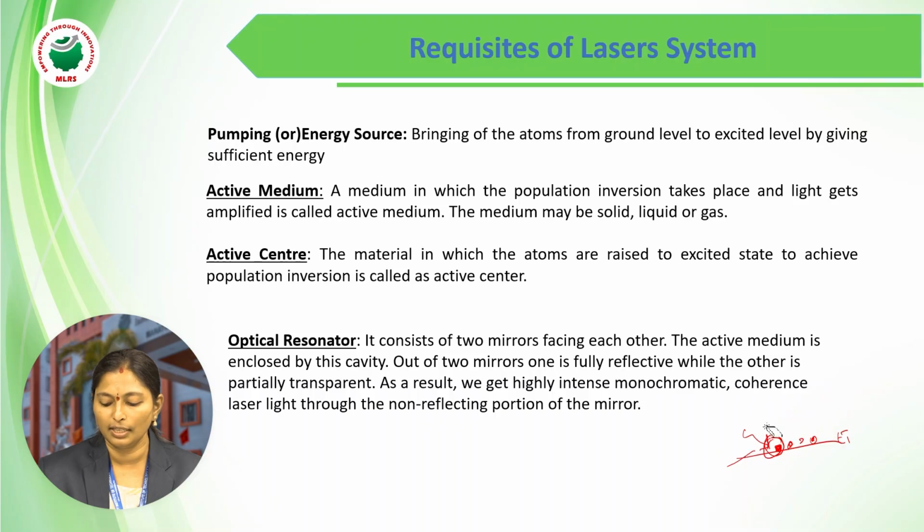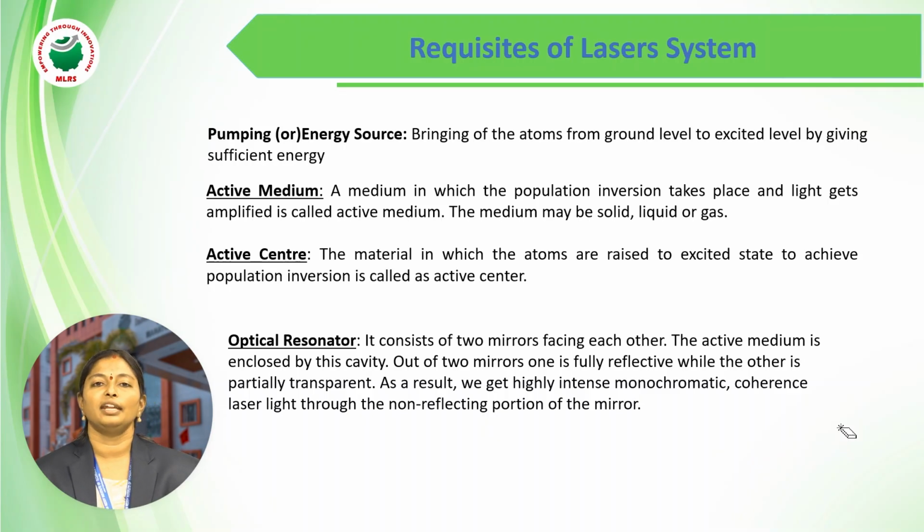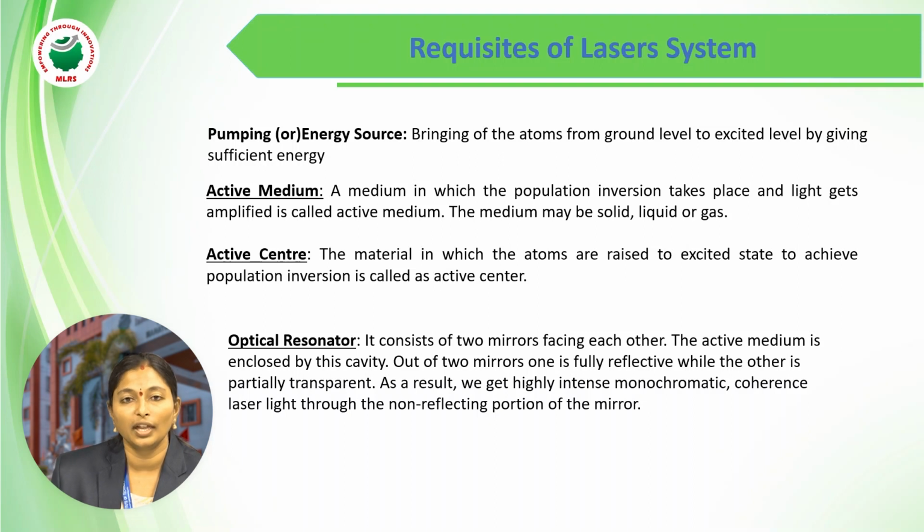The second one is the active medium. Why are we calling this an active medium? Because here only we get the stimulated emission process. In order to get the stimulated emission process, we need population inversion. So the active medium is a medium in which population inversion takes place.